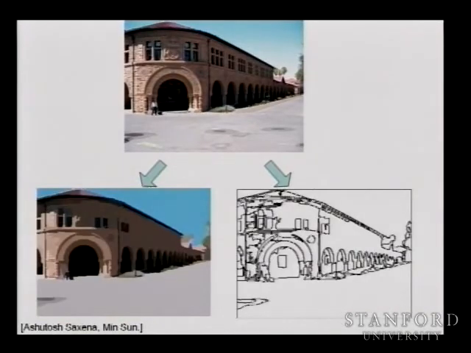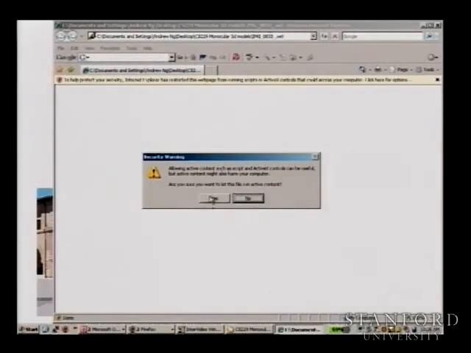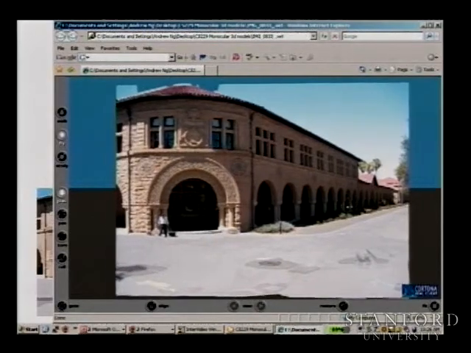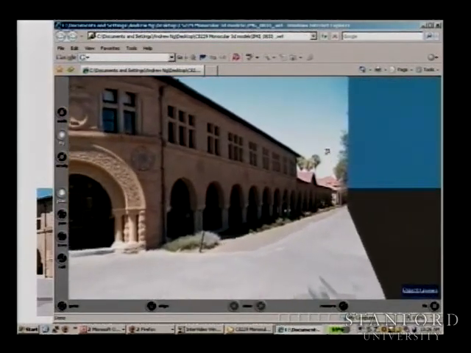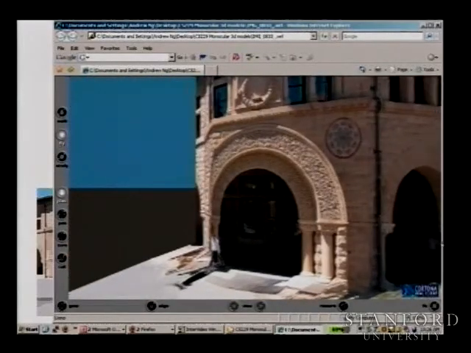So again, taking the same sort of unsupervised learning algorithm, you can group the pixels into different regions. And using that as a pre-processing step, they eventually built this sort of 3D model of Stanford campus from a single picture. So you can walk into the scene, look around the campus.